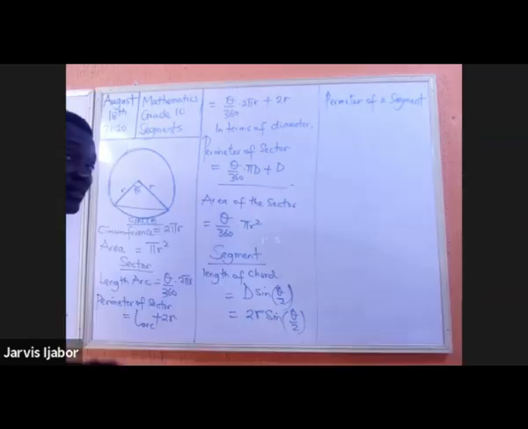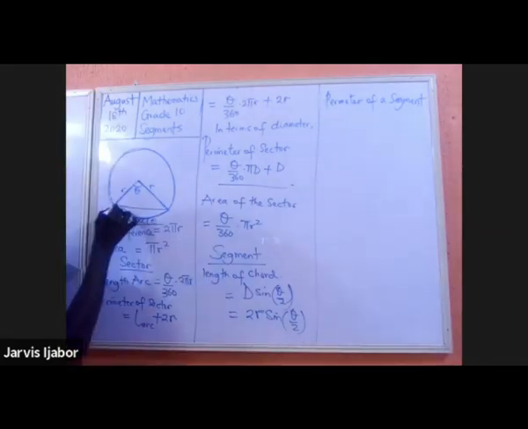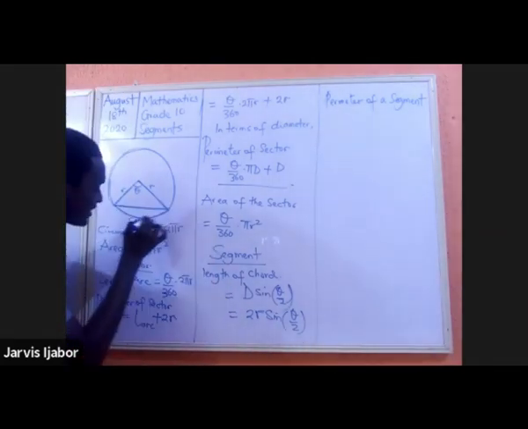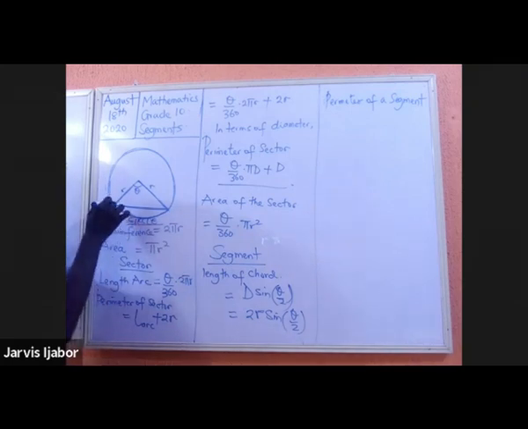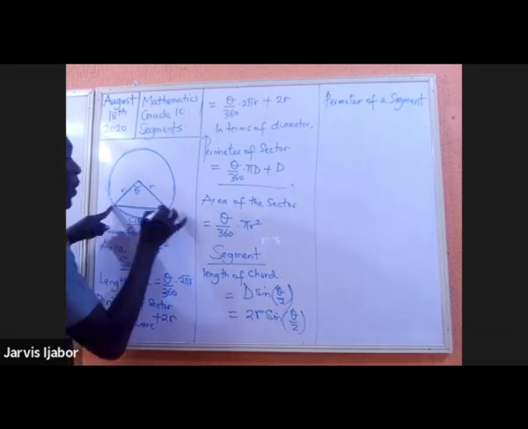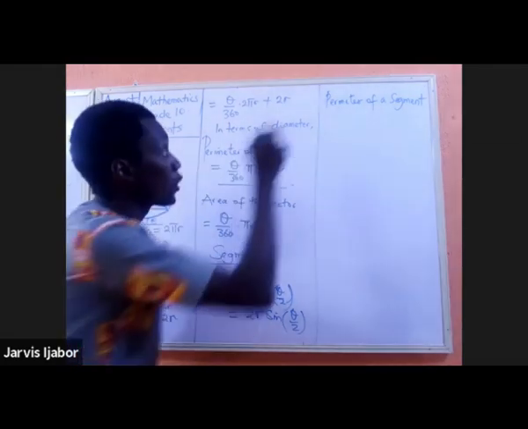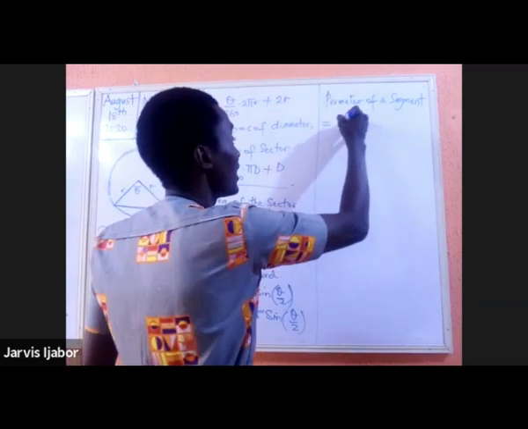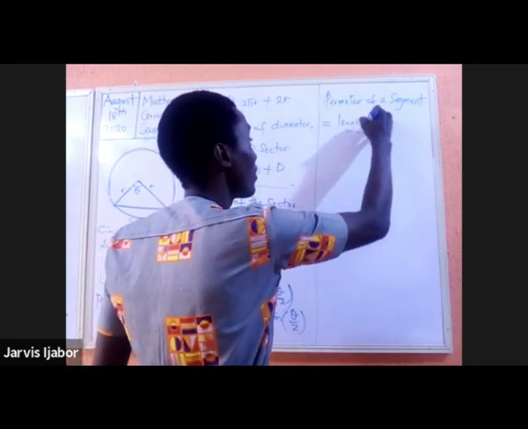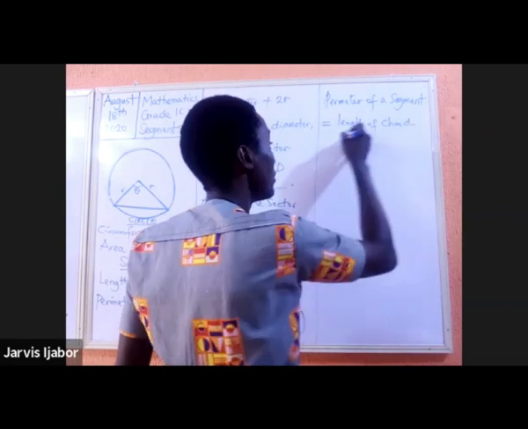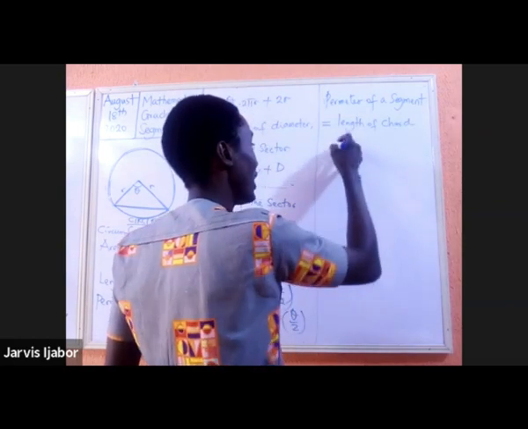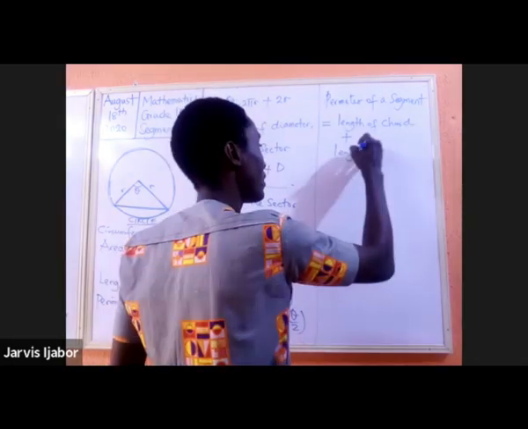A segment is bounded by a chord and a minor arc if it's a minor segment, and a chord and a major arc if it's a major segment. So we will say the perimeter of a segment is the length of chord plus length of arc.